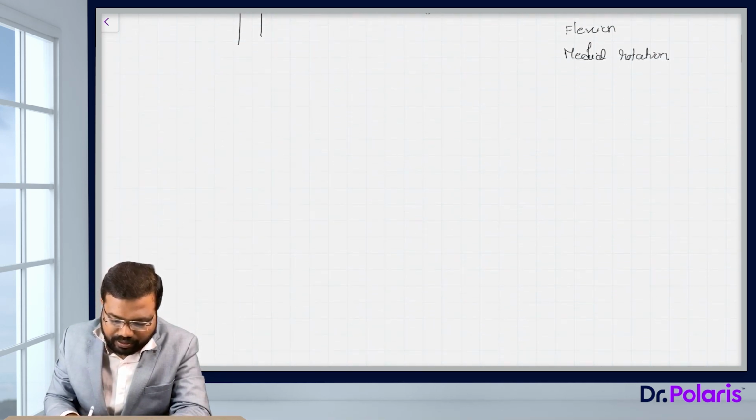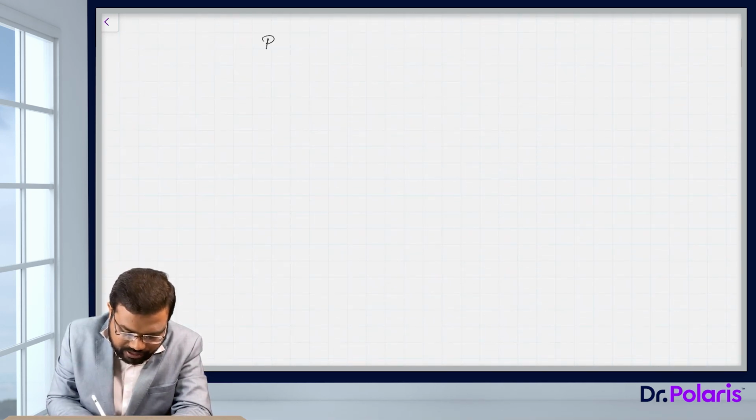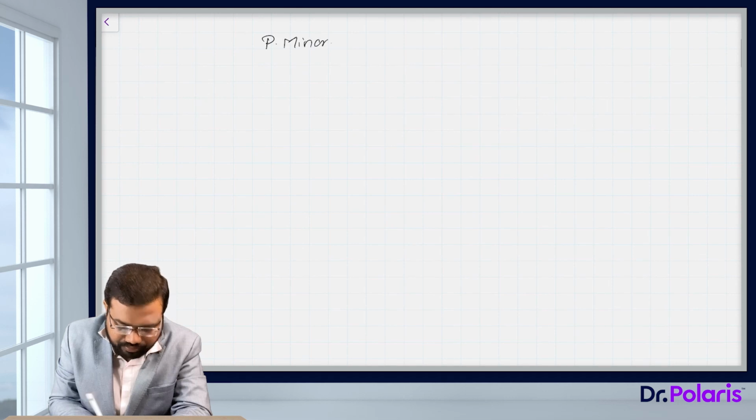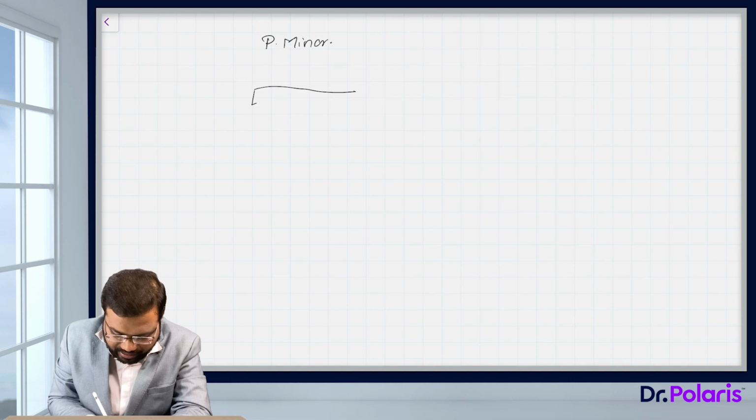The second muscle that we will be discussing now is pectoralis minor. Let's imagine this is the right side clavicle again, and here is the sternum.